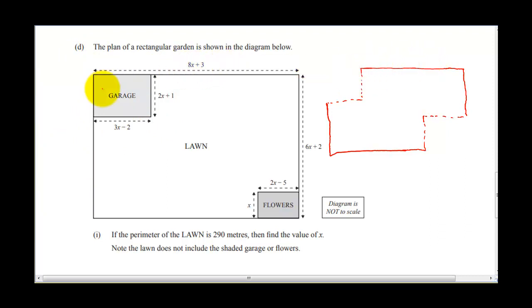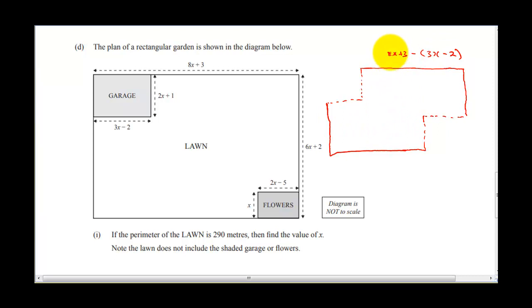So that means for us to get this full length, we're going to be doing 8x plus 3, minus 3x minus 2. But if we decide to follow this procedure, probably we might need to solve a whole lot of questions and we will be making several errors, and that we don't want.